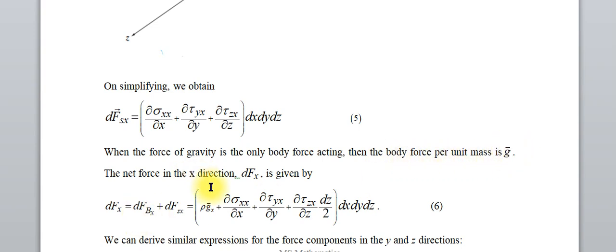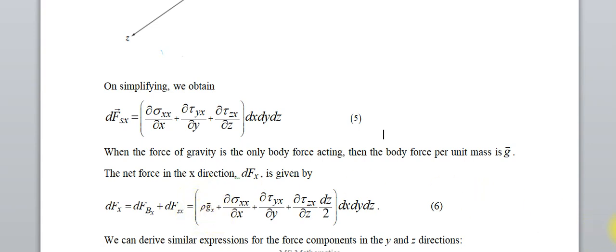The net force in the x direction, dFx, is given by rho gx. What is this rho gx? This is the body force and this is the surface force. Body force plus surface force.